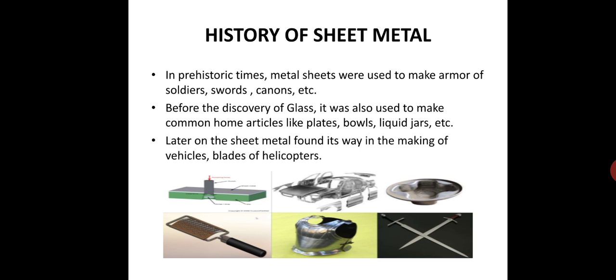Later on, sheet metal found its way into the making of vehicles and blades of helicopters. The picture shows sheet metal objects. In early times, armor of soldiers and swords were made of sheet metals of various materials.